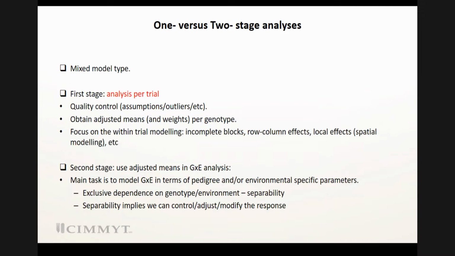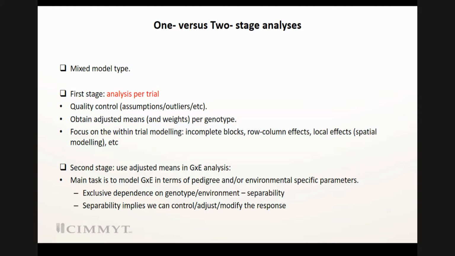This is one of the methodologies, a mixed model type of methodology, whereby in the first stage, we are conducting analysis per trial, looking at individual trials, paying close attention to the structure of the trials, doing quality control checks, obtaining adjusted means and the weights for these trials per genotype, focusing on within trial modeling, the incomplete blocks for the Africa trials.